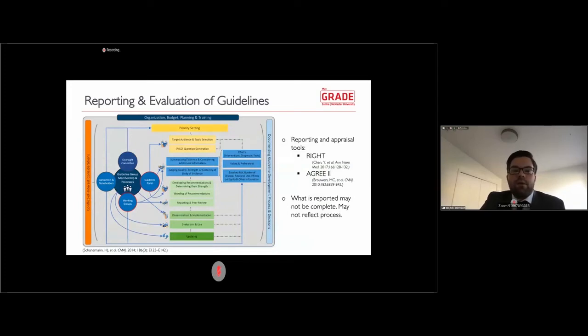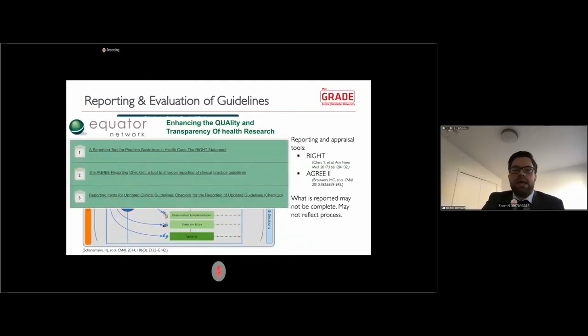And we have available reporting and appraisal tools for guideline development, such as the RIGHT statement. The RIGHT statement is a tool for specific details to include in a guideline report. So it's a reporting tool to make sure that the guideline publication covers the relevant aspects that readers should know about in terms of the process and methods that were employed.